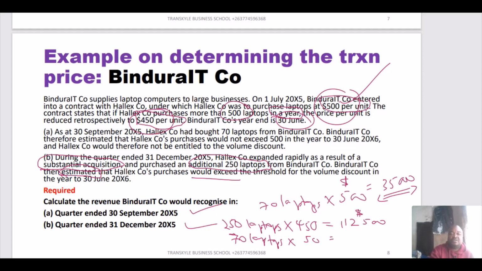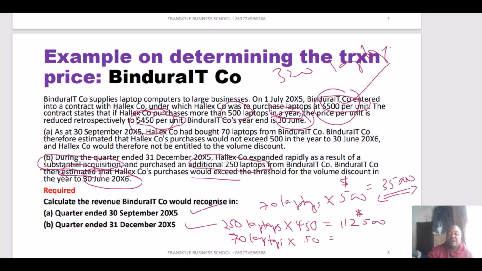However, we expect that they would have exceeded the 500 threshold because at almost half year, at 6 months into the year, they had already purchased 320 laptops. So by 30 June next year, obviously, they would have purchased more than 500. Simple arithmetic would tell you that there is a high chance these guys are going to exceed the threshold.